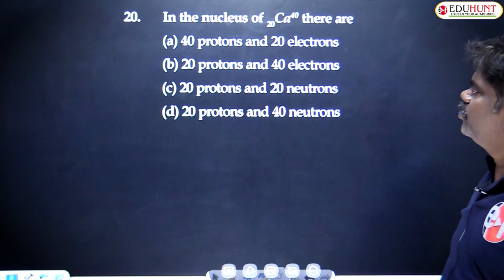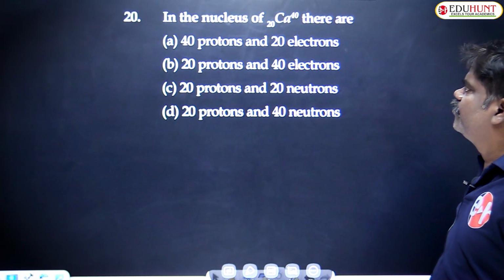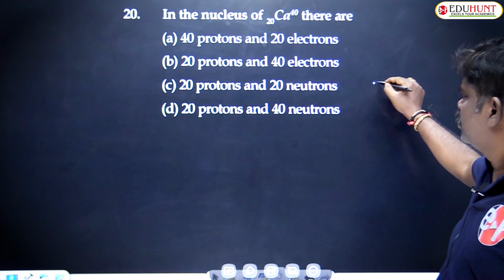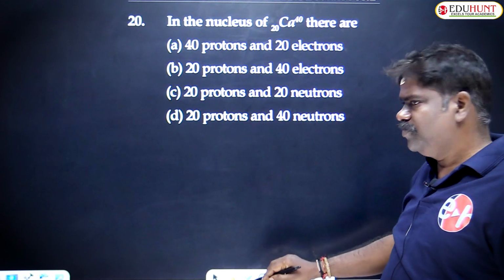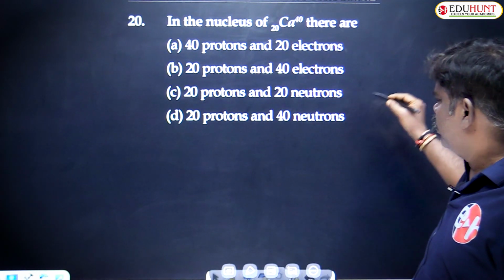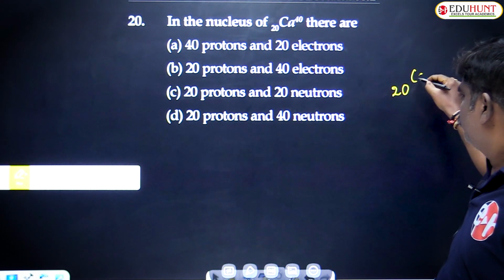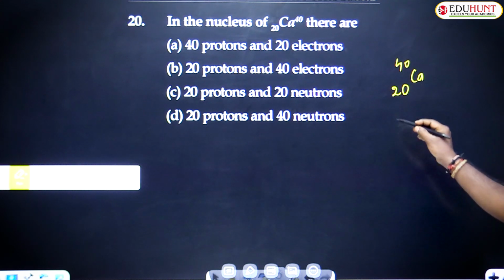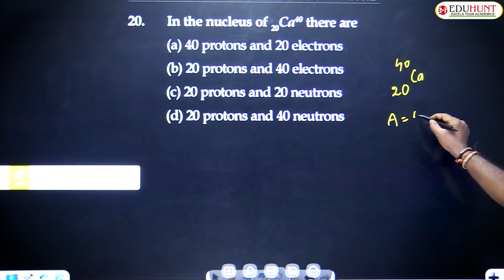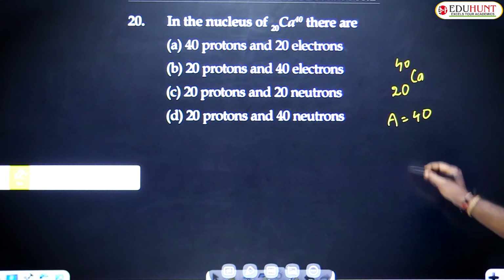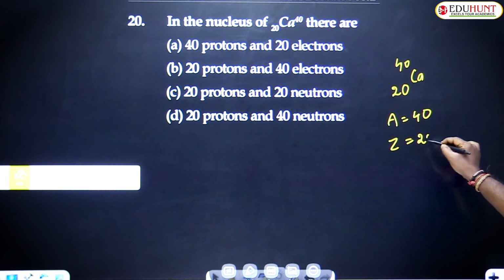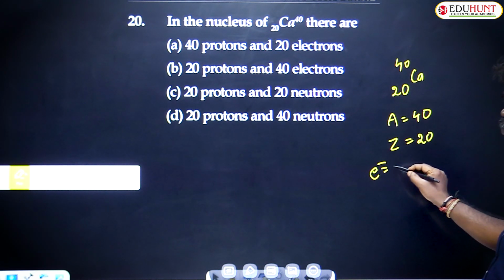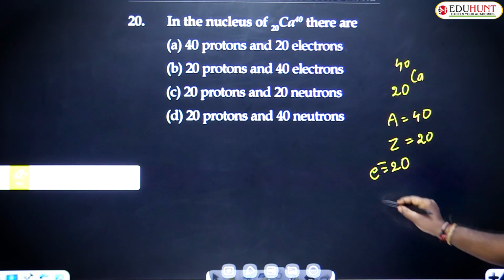Next one: in the nucleus of 20C40 there are. What is the mass number? A is the mass number. What is the atomic number? Z is the atomic number. So Z means the number of electrons, electrons 20 and protons 20.